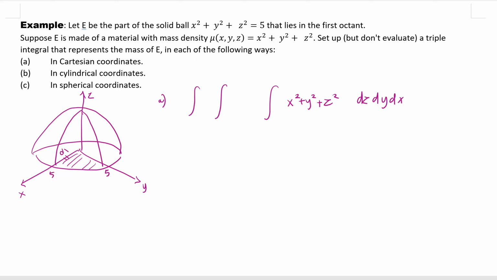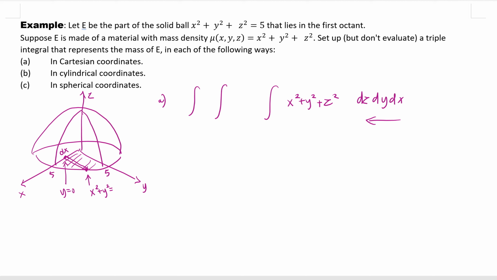So we draw this small width dx, and then next is dy. So we draw the rectangle on the xy plane. The bottom of this little rectangle is y equal to 0. The top of this little rectangle is on the circle of the xy plane.